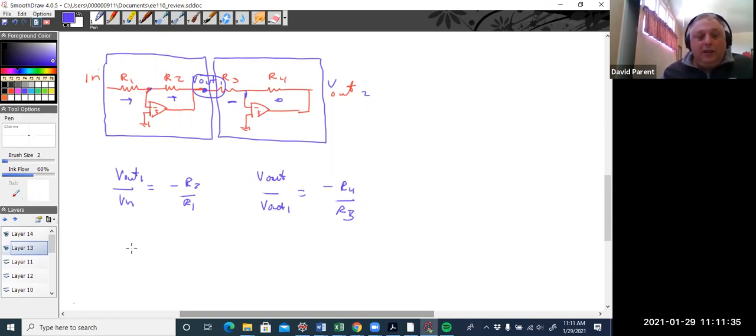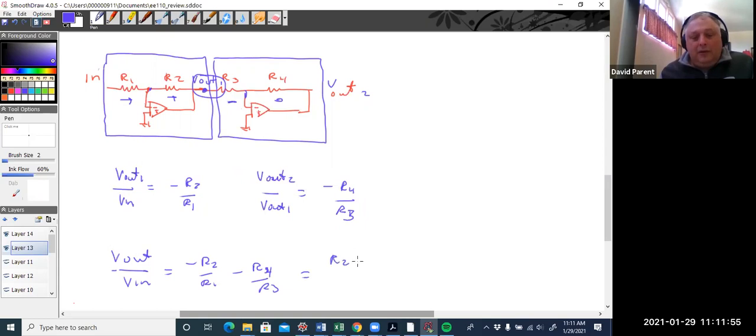And then if you use these two relationships, V out 2 over V in is minus R2 over R1 times minus R4 over R3, which equals R2 R4 over R1 R3. So you just remember that these things just cascade through.